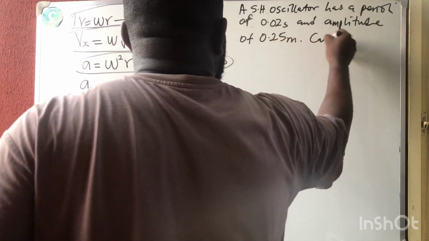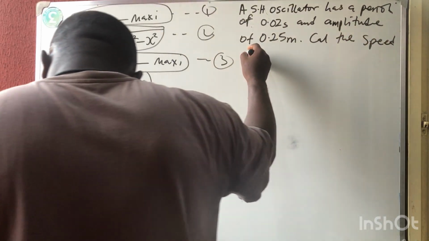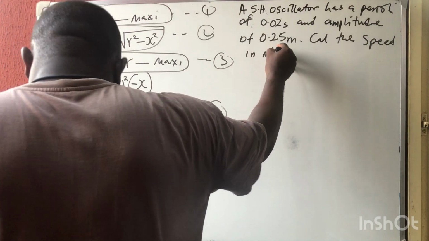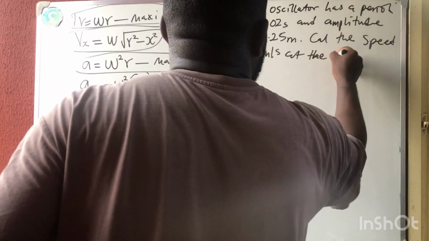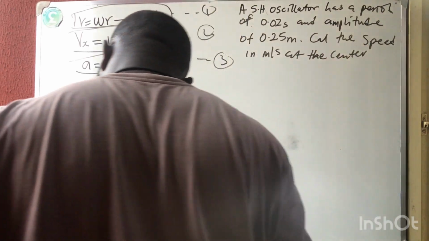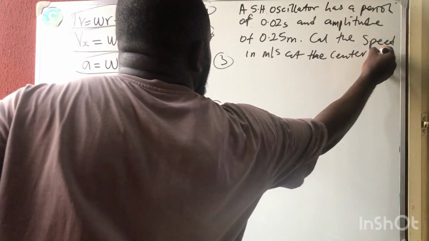Then they say calculate the speed, in meters per second, at the center of the oscillation.